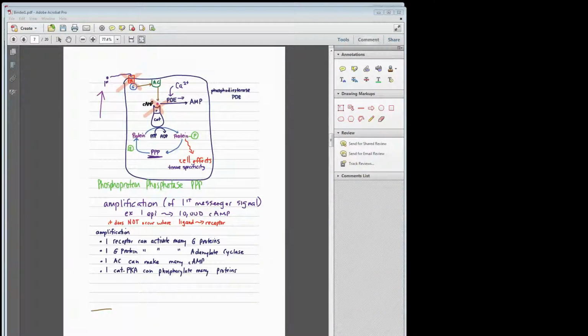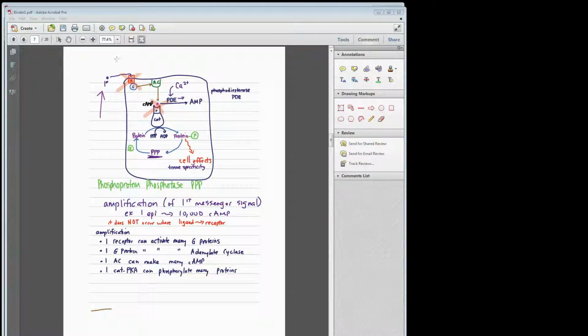Next is amplification. You need to know where there's amplification and where amplification cannot occur. And that's kind of how you want to say it if you do a free response question. Amplification isn't an action, it's an effect. More than one G protein can be activated by the hormone receptor complex.